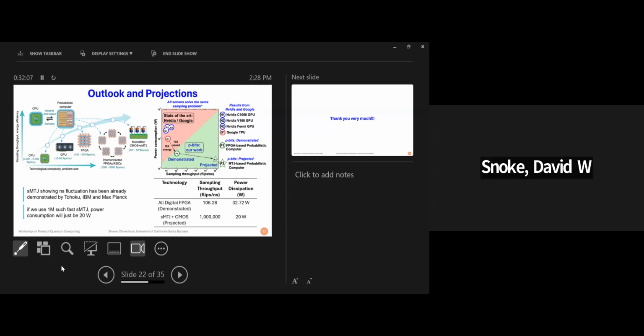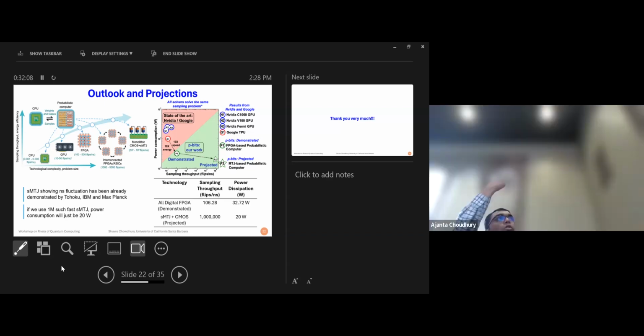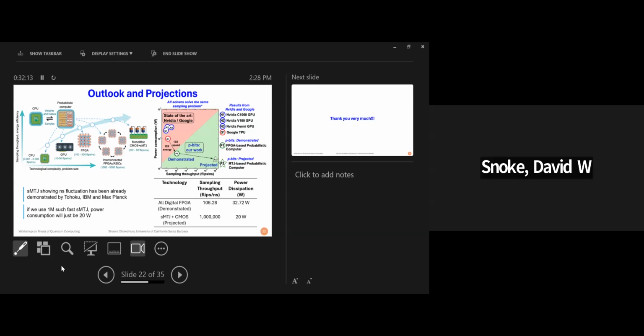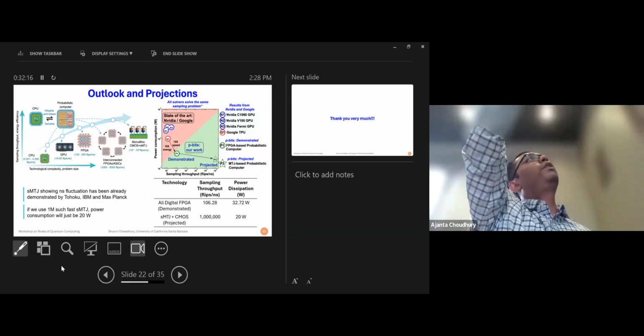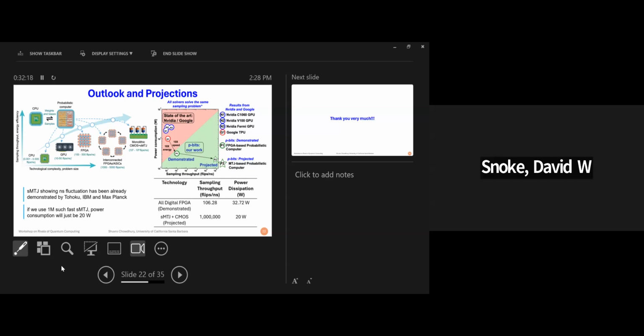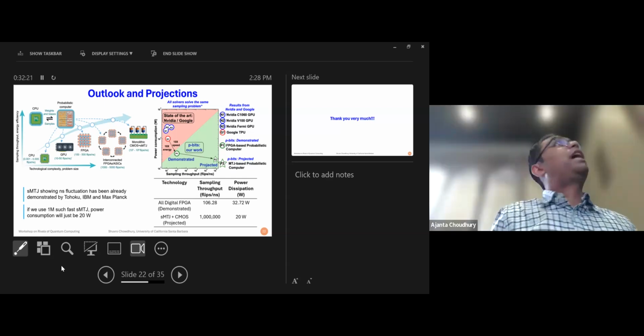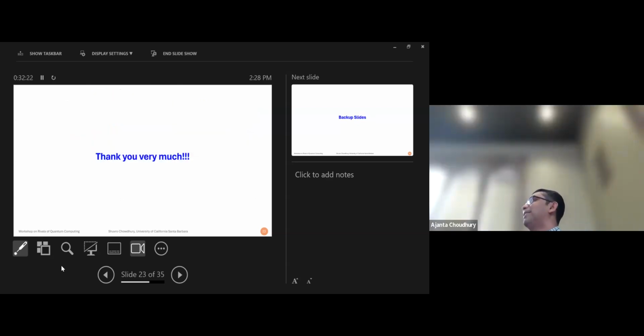So we have a lot to gain by going to these nanomagnet-based qubits, getting a very high sampling throughput with very little power. So that's it, thank you very much.